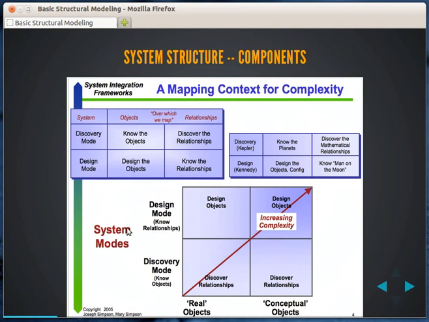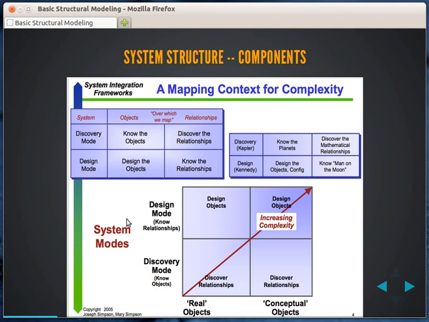So for system structure, the authors have developed the concept of systems concepts, and we use them in two different modes. We use them in a design mode where we're designing things, or in a discovery mode where we're discovering things. Discovery mode is like Kepler discovering the solar system. He knew the planets, and he discovered the relationships between the planets.